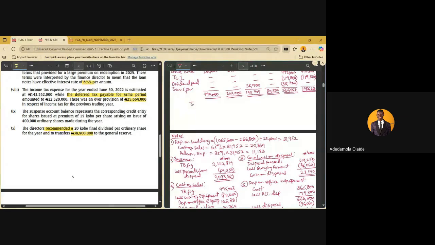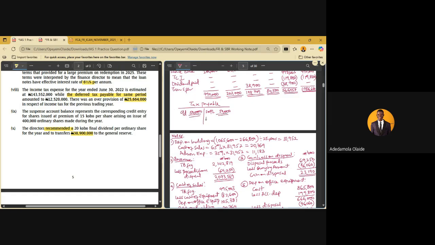So let's say this is the tax payable account. When they provided for the year, they provided 50,000, they would have credited the tax payable account with 50,000 and debited SOPL with 50,000. That was the balance at the end of the year.